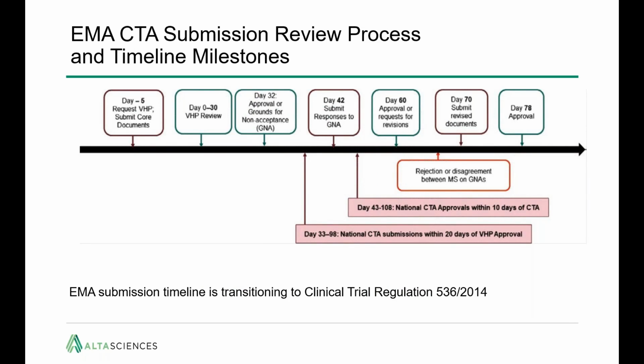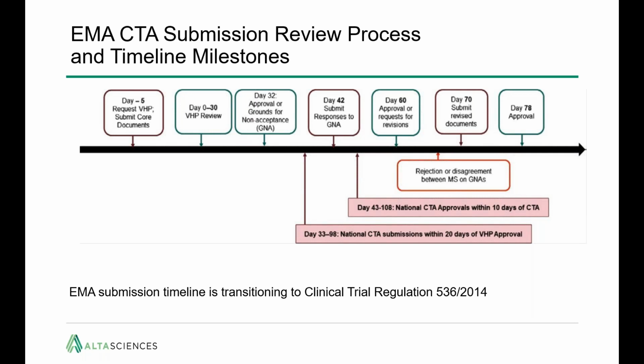I've included this diagram. It's been replaced by the clinical trial regulation, only to highlight that the legacy process has been updated through the clinical trial regulations, and the main impact of this old timeline: the initial assessment phase has been decreased from 30 to 60 days to a 26-day time frame.